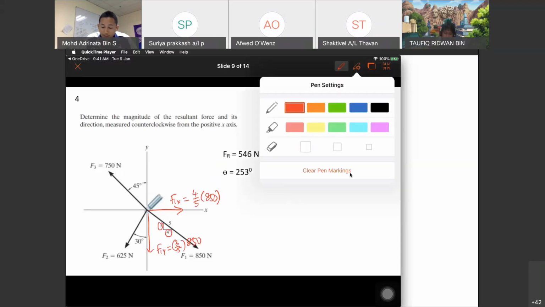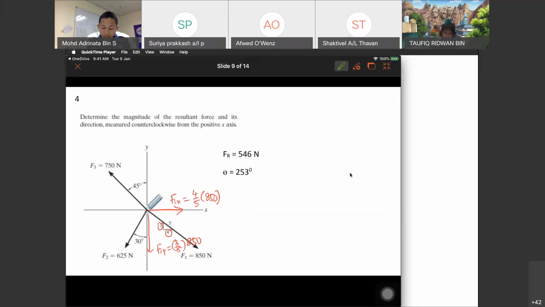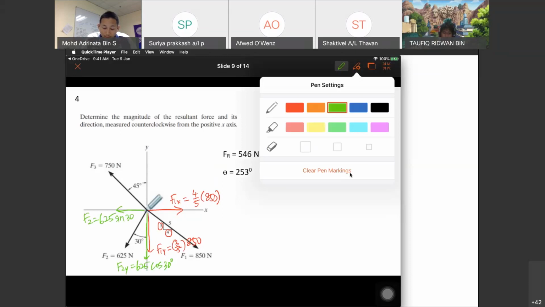Then we have F2 equals 625, sine or cos? Sine 30. Then F2y equals 625 cosine 30.